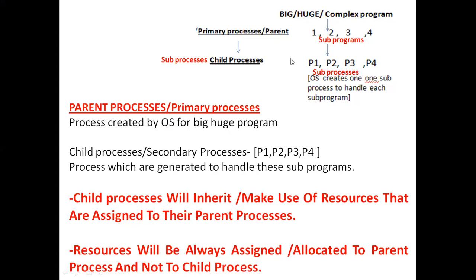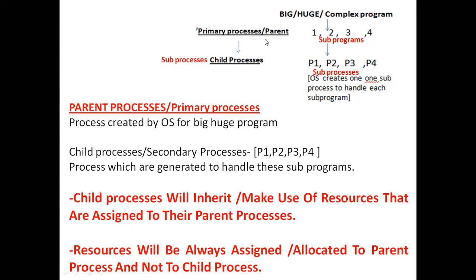Regarding the figure we dealt with in the last slide, P1, P2, P3, and P4 are nothing but the child processes. These child processes can inherit or make use of the resources assigned to their parent process. The main point to be noticed is that whatever resources are allotted by the operating system will be allotted only to the parent process.